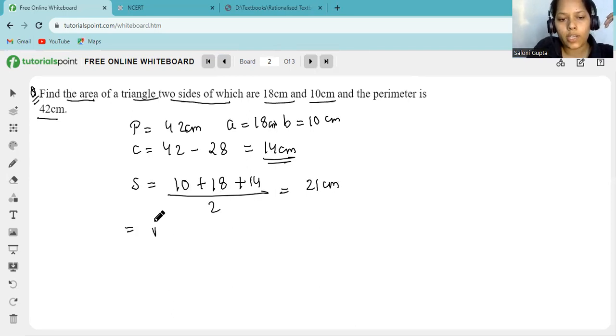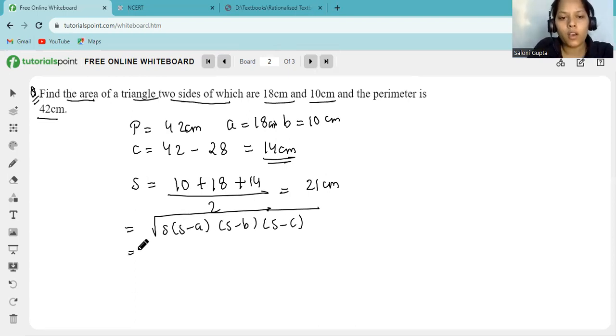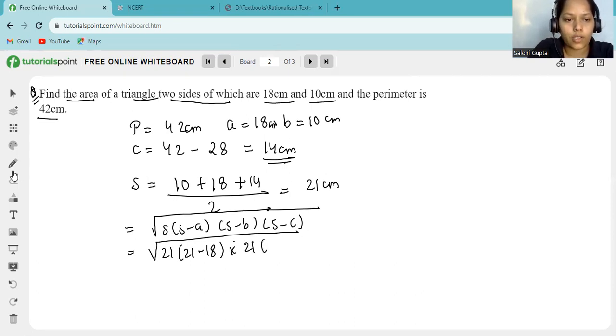Now apply the formula, that is under root s into s minus a into s minus b into s minus c. Now I will put the values one by one. The value of s is 21. So 21 into 21 minus a, that is 18, then into 21 minus b, that is 10, then 21 minus c, so c is 14.